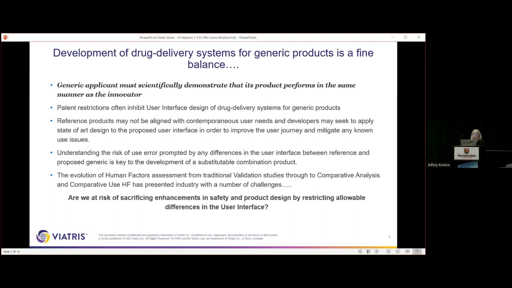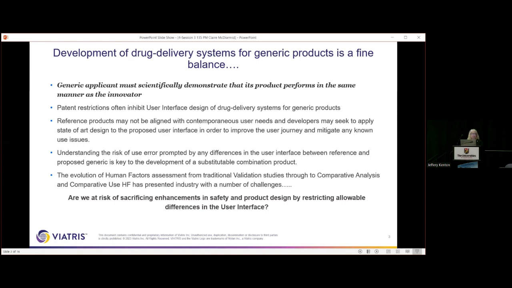Reference products may not be aligned with our contemporaneous user needs. We've heard a number of people say today, what happens when the drug delivery system that's your reference product is old, maybe even not considered to be a combination product at the point of application?